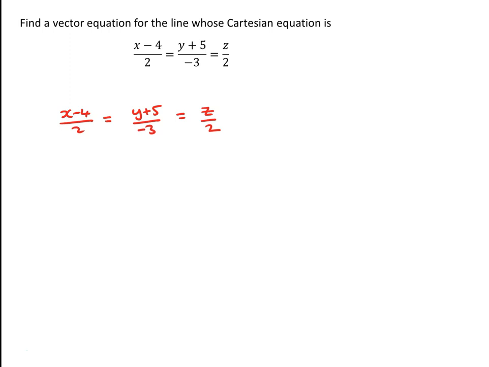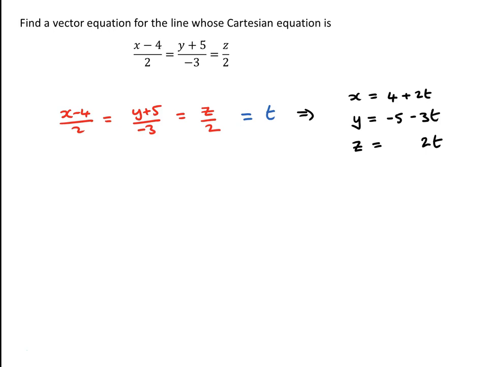Let's call that common value t, in which case we can say that x is 4 plus 2t, that y is minus 5 minus 3t, and that z is 2t.